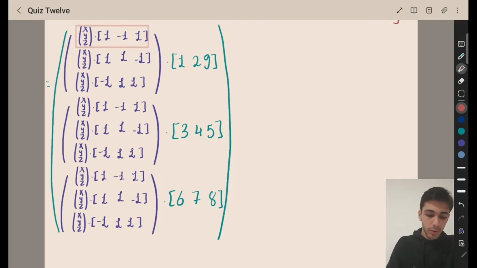I scale it by the first entry in the other vector. Remember, this is a dot product. I do the same thing with the second vector, scale it by the second entry, and I do this one more time with the third entry. So I get the following.